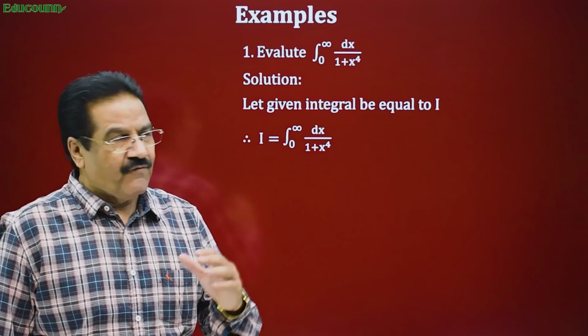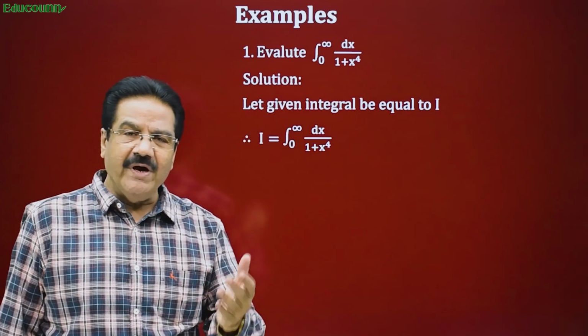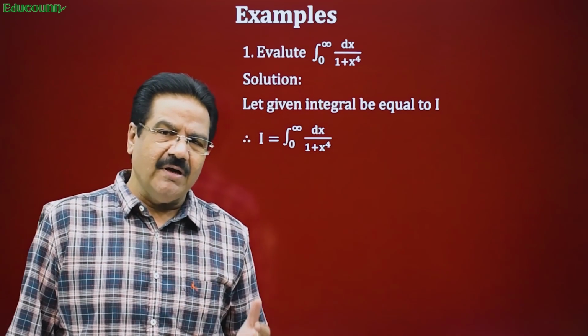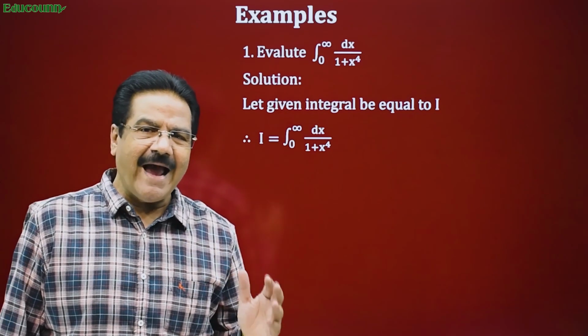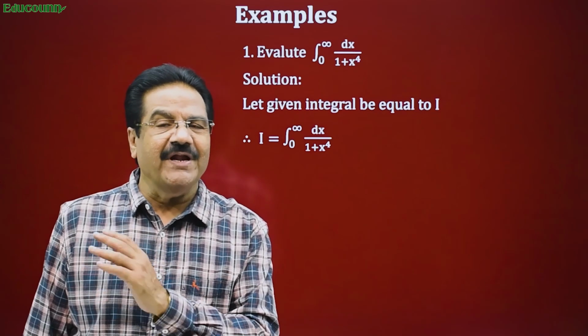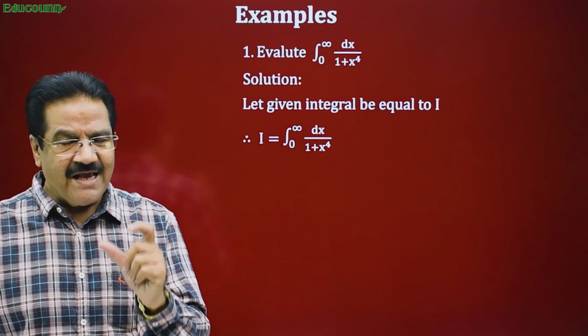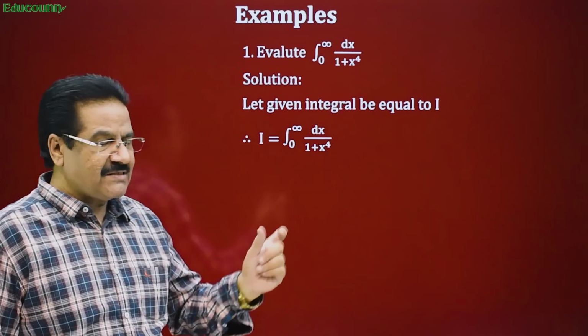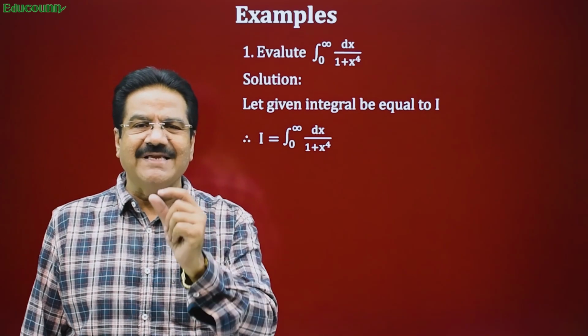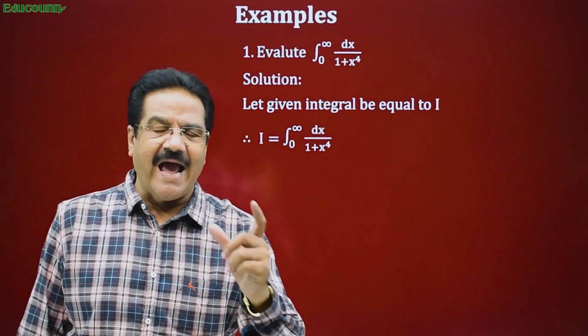As well, from 0 to infinity we come to know that the substitution must be in terms of tan, because we know that tan pi by 2 is equal to infinity. We have to adjust the value of tan in such a manner that 1 plus x raised to 4 becomes a standard identity of tan.